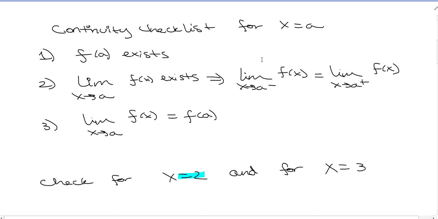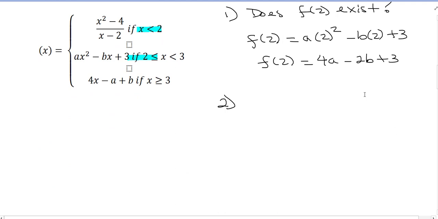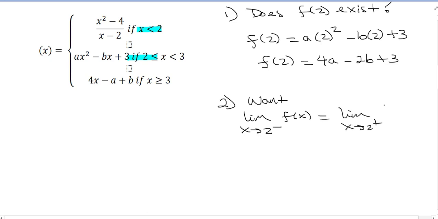We want the left-sided limit and the right-sided limit to be the same. So in order to be continuous, we want the limit as x goes to 2 from the left of f of x to equal the limit as x goes to 2 from the right of our function. I think it was called g, but I already started using f, so let me just keep that.